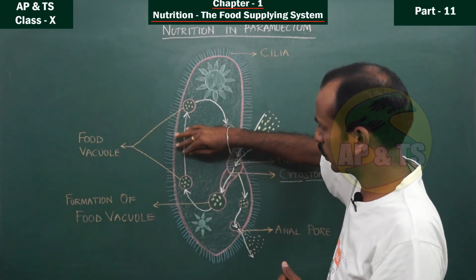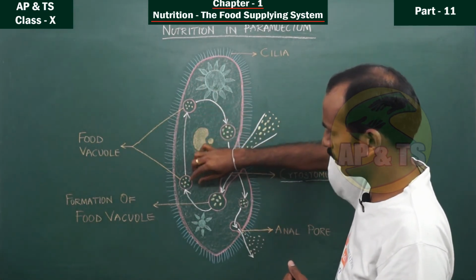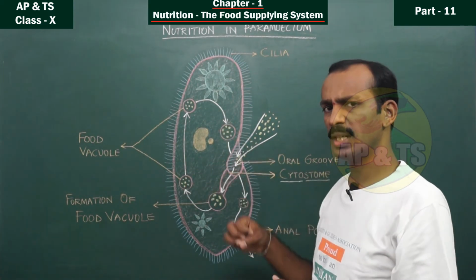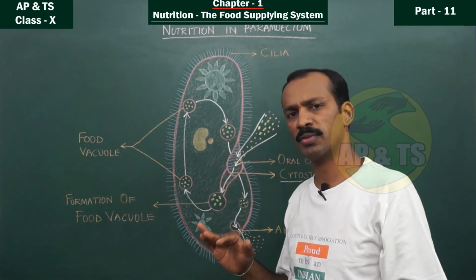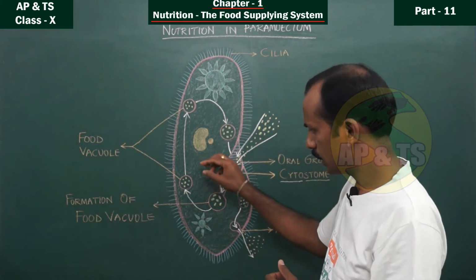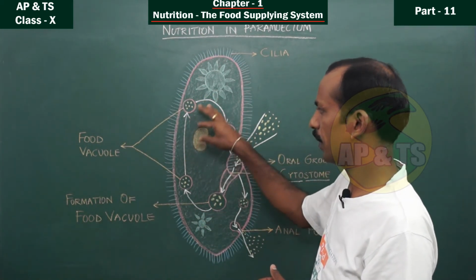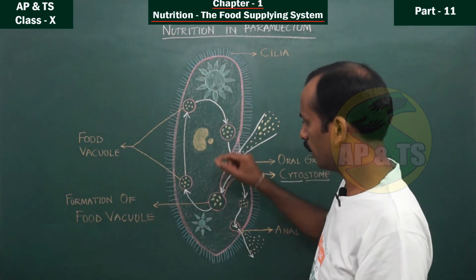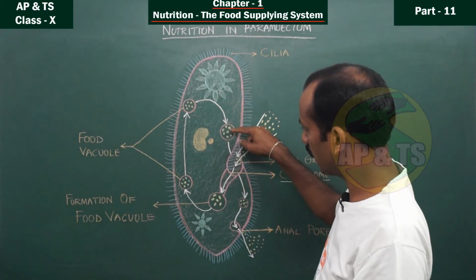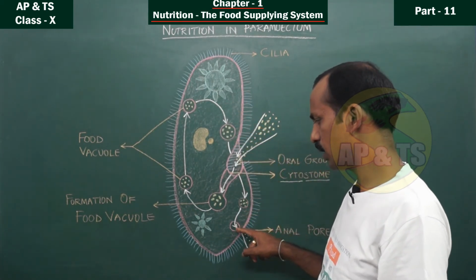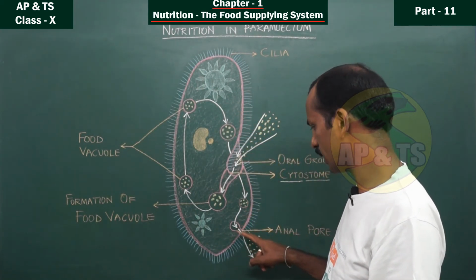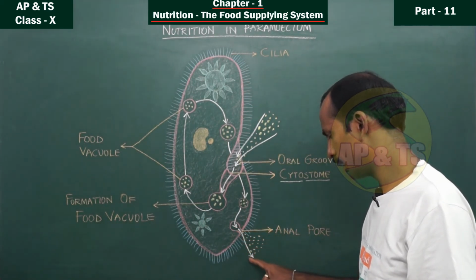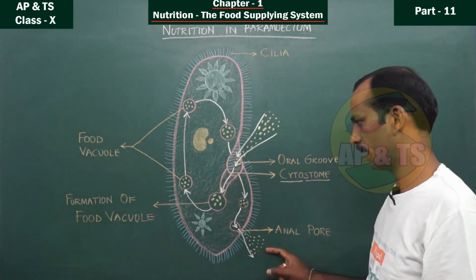Slowly, as the food vacuole is moving, the digested food is distributed to other parts of the body, that is into the cytoplasm. Then the remaining waste materials reach the anal pore, and from that anal pore the waste is sent outside.